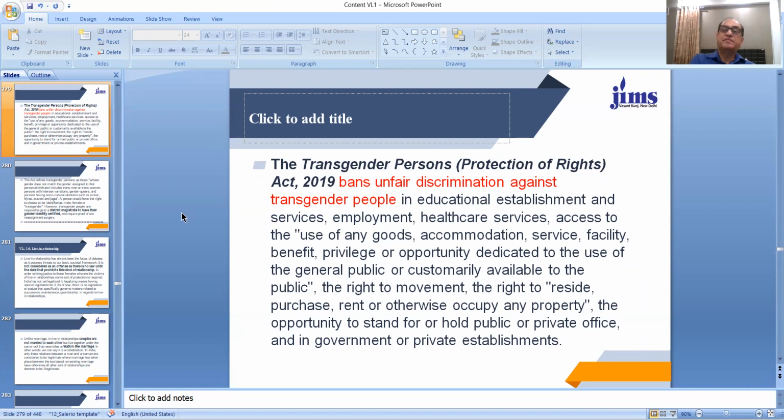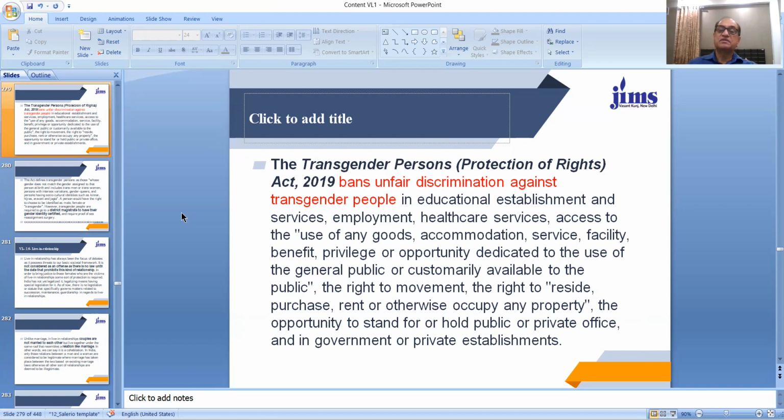This Act bans unfair discrimination against transgender people in educational establishments and services, employment, healthcare services, and access to the use of any goods, accommodation, service, facility, benefit, privilege, or opportunity dedicated to the use of the general public or customarily available to the public.